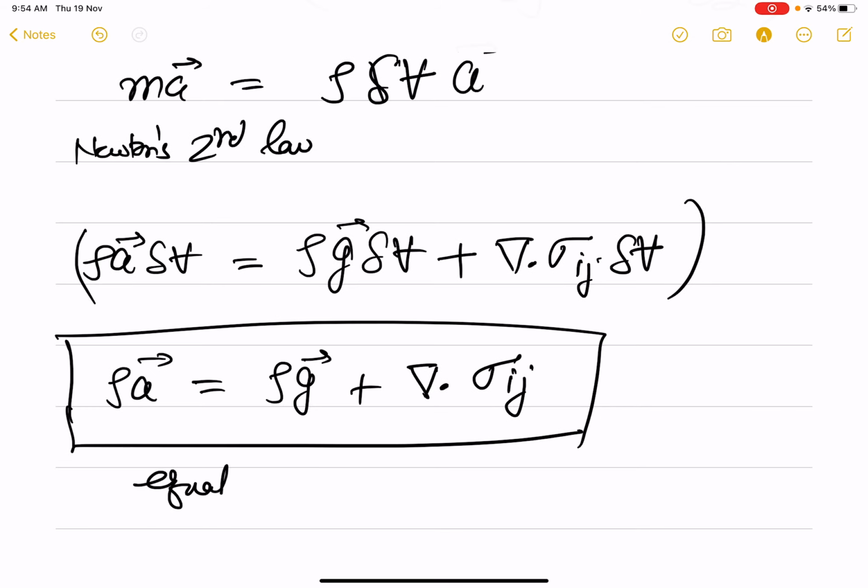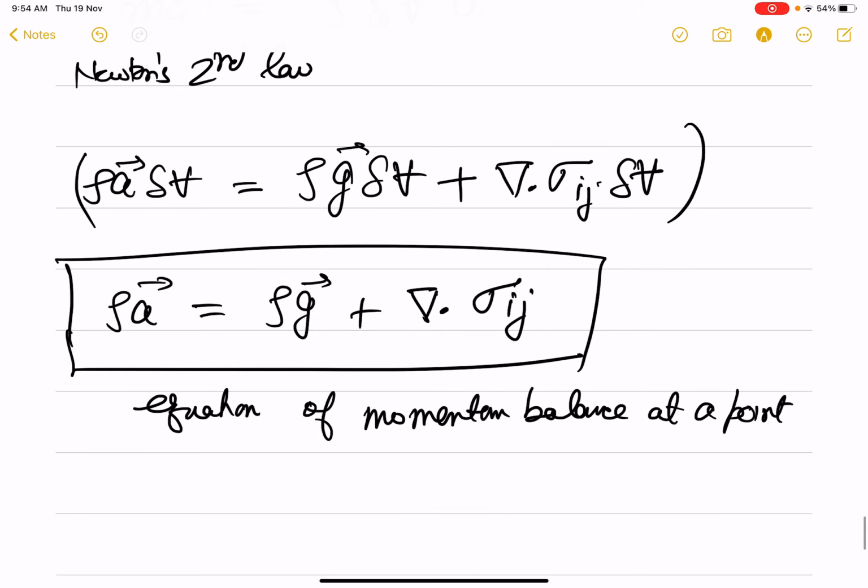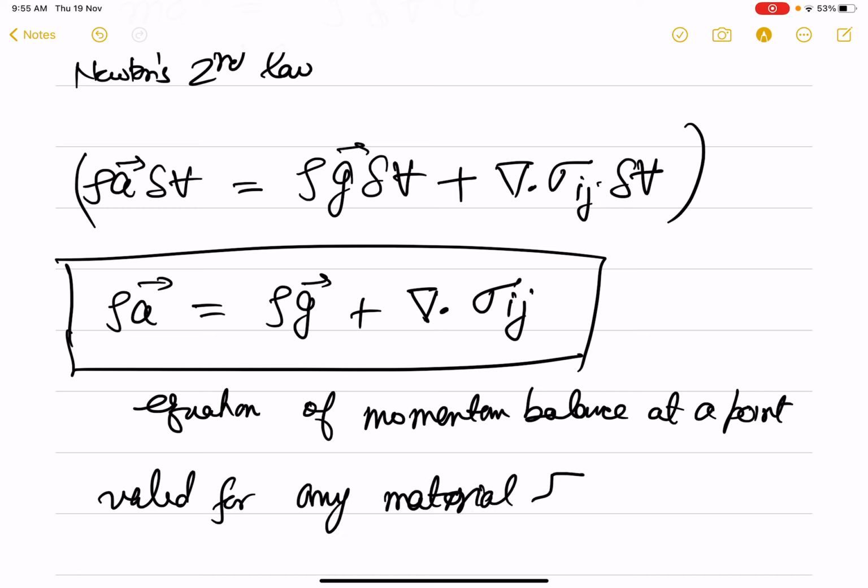And this is the equation of momentum balance at a point, and this is valid for any material, be it a solid, be it a fluid, anything.